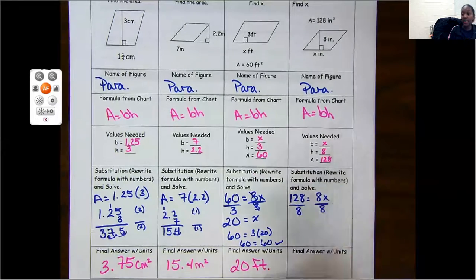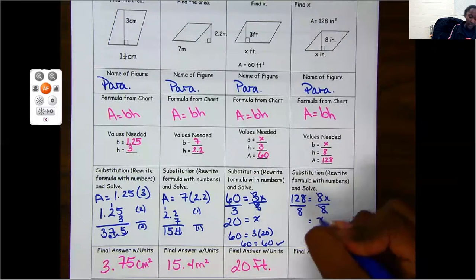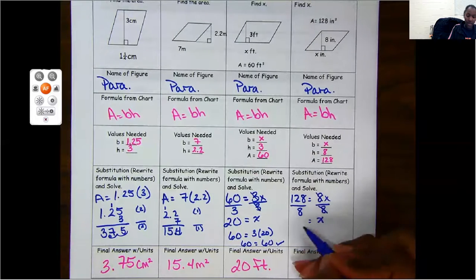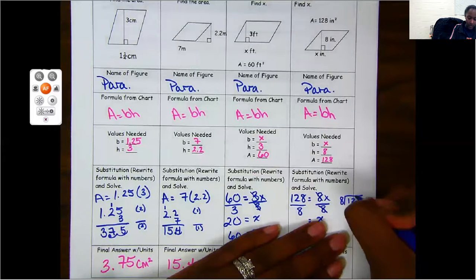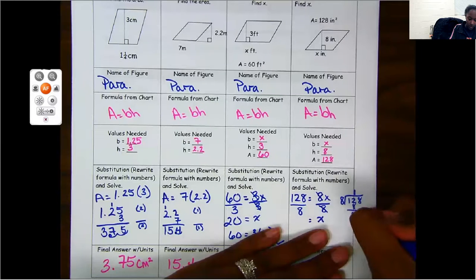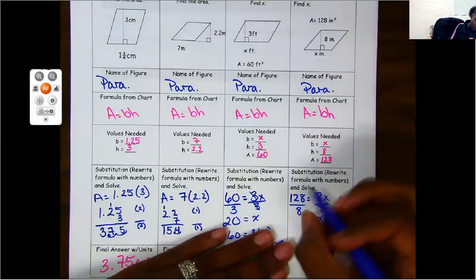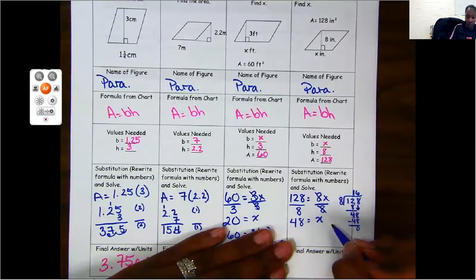I'm dividing both sides by 8. 8 divided by 8 will leave me with x. 8 into 128. I think I need to do some scratch work off the side here. 128. 8 goes into 12 one time. 8, 9, 10, 11, 12. 4 left over. Bring down my 8. And I know 6 times 8 will give me 48. So 16 equals x.